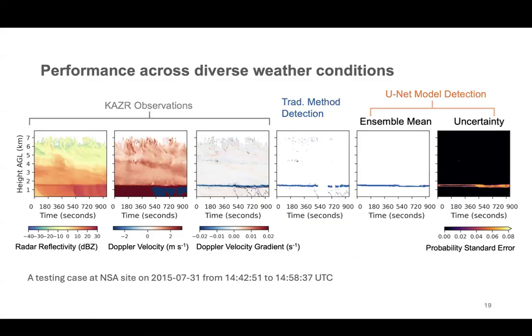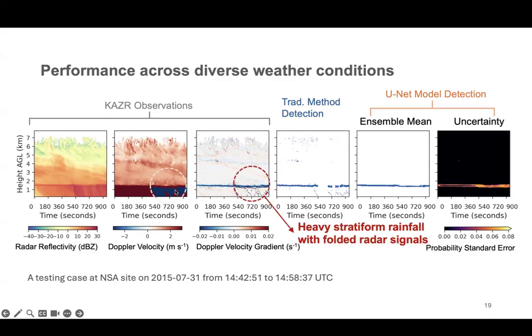And similarly, here is another case, but this time in July, and it's a very heavy stratiform rainfall case. We have the KAZR observations here. You can see again, we have these folded radar signals indicating that the rainfall intensity is strong.